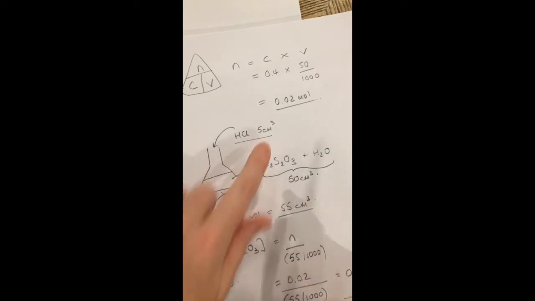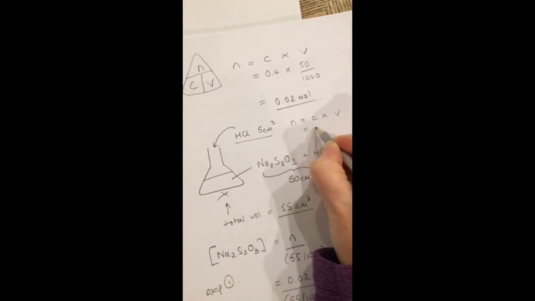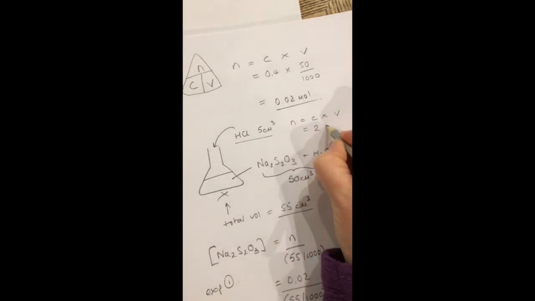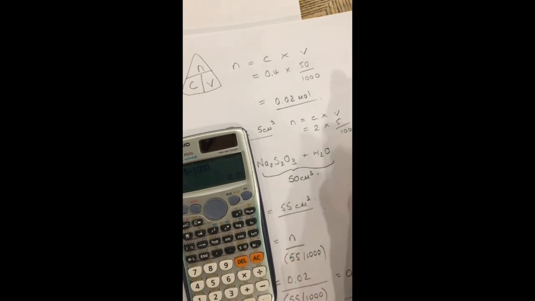We put 5 centimetres cubed in of that. So again, n is equal to c times v, where the concentration is 2. The volume was 5 over 1,000, giving you 2 times 5 divided by 1,000, giving you 0.01 moles.